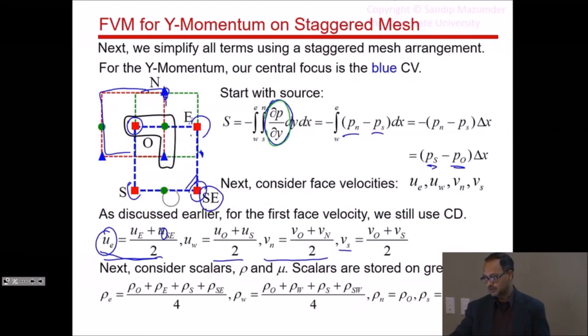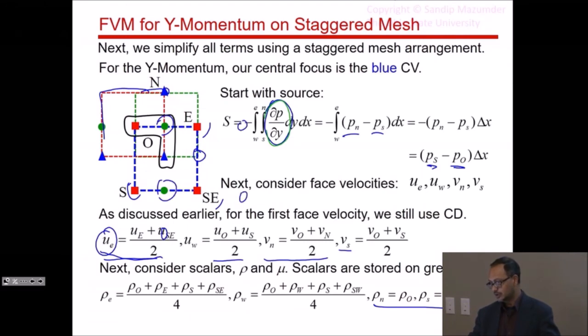Let me just wipe this out so you can see. So north and south are very easy. Green points directly on the face. So that's these guys here. And then the other two, to find the value of rho here, I have to take a 4-point average of this guy, a node here, and a node here.